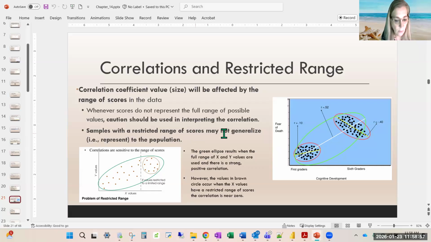And so this might occur, say, if you are doing a research study and you are limiting some kind of variable. For example, maybe I want to test liking for ice cream. And I decide that I'm only going to test people that are elderly, maybe 65 and older.